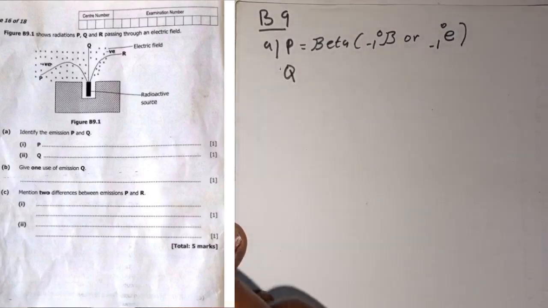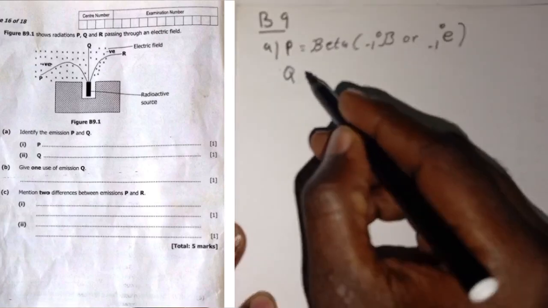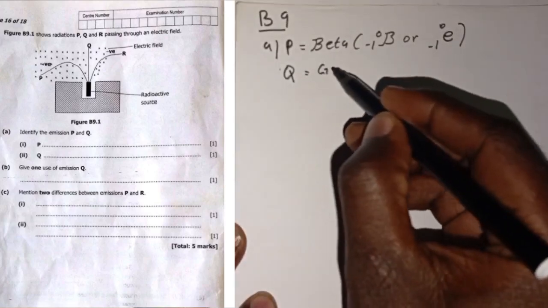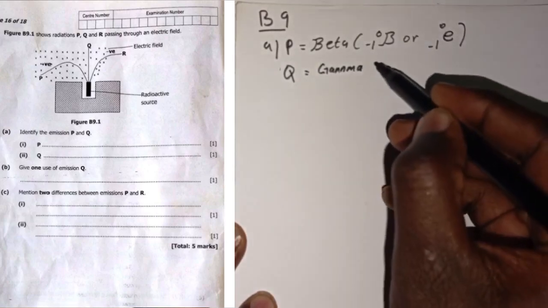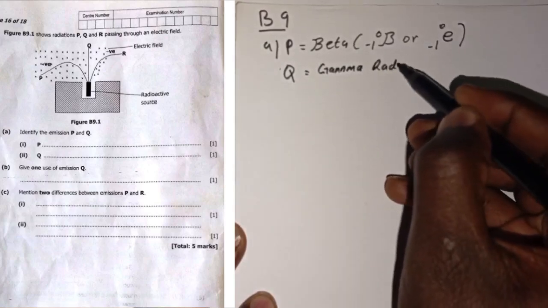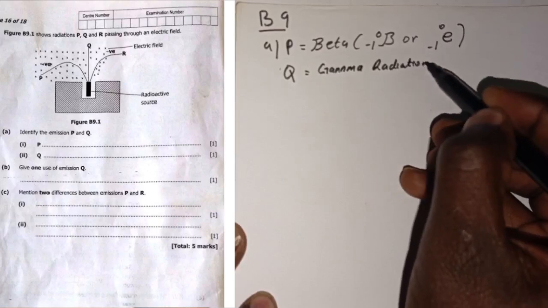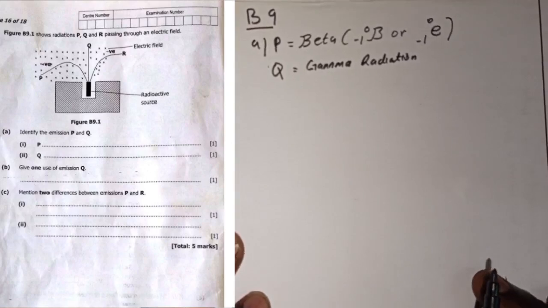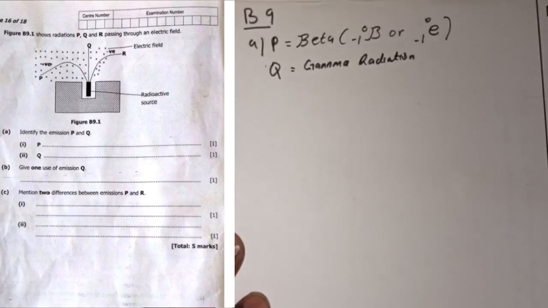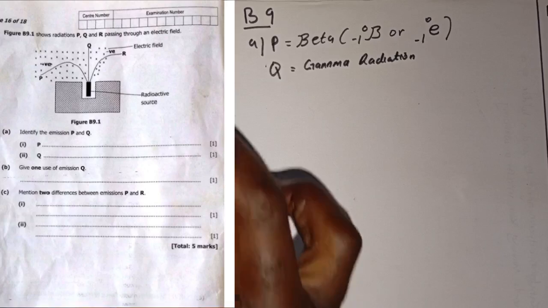Then Q is not deflected anywhere, so that is none other than gamma radiation. It is undeflected, it has no charge.